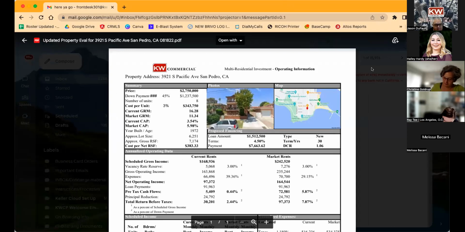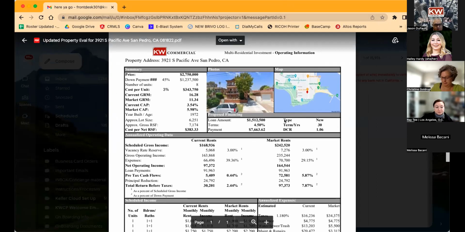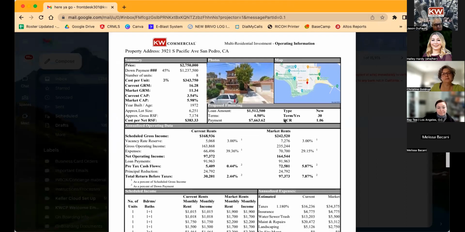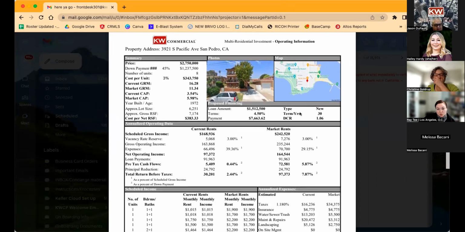Can everyone see that? Yes. So this is one of our opportunities that we've had in the past, and this is how the analytics look. It takes into account all the things we were talking about, but gets into detail.